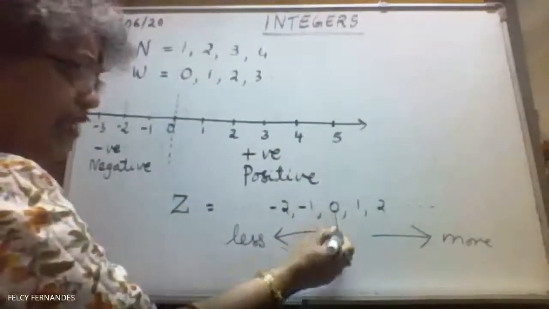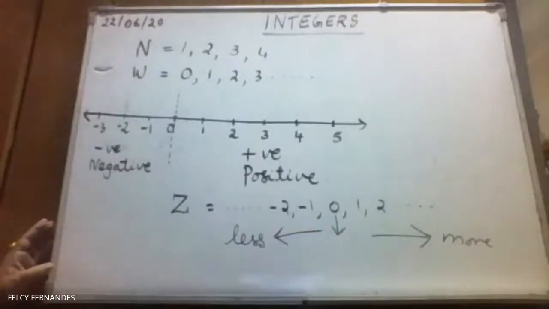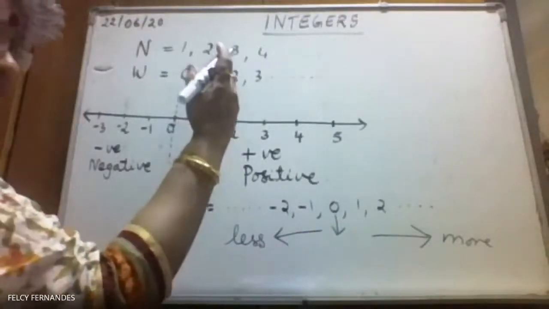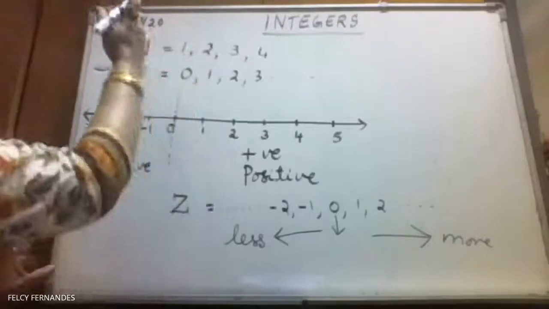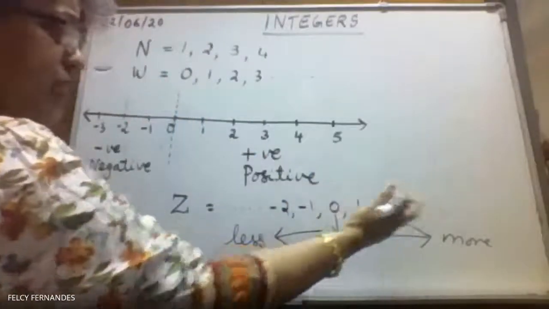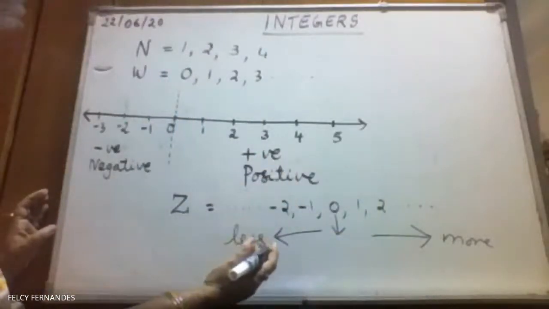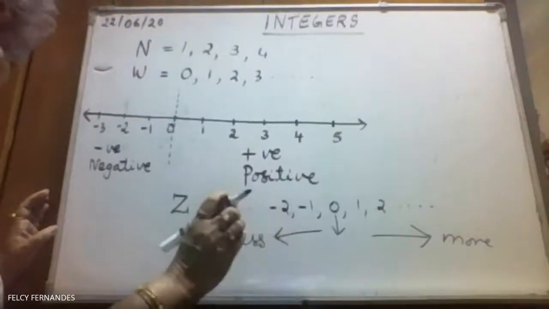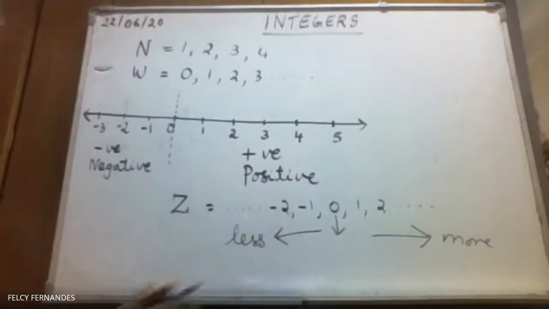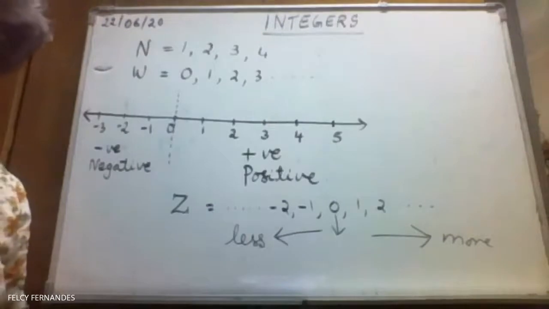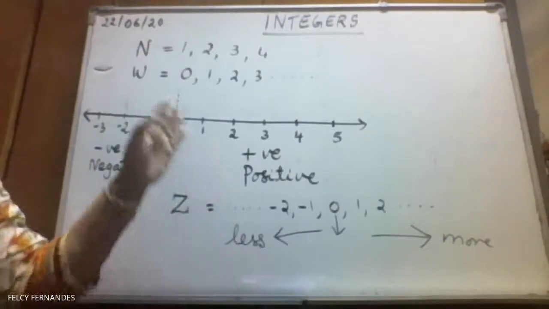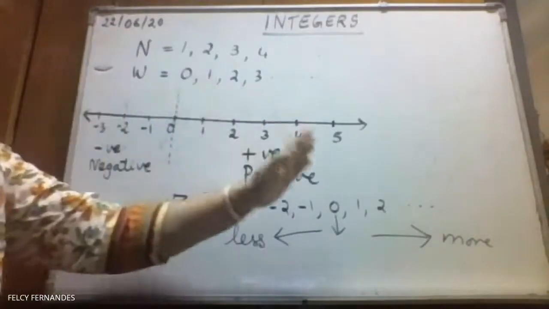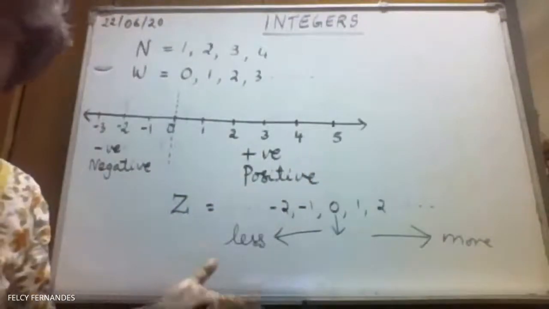Now you might ask, what does this 0 mean? The 0 is in the middle, like a mirror, as I told you. It is neither positive nor negative. There is no sign for 0. That you should remember. So in the set of integers, what do we have?